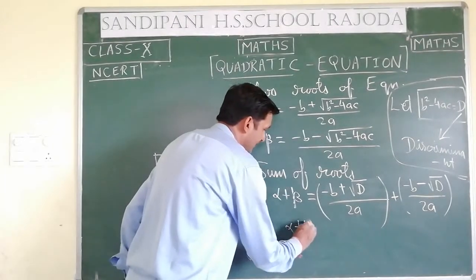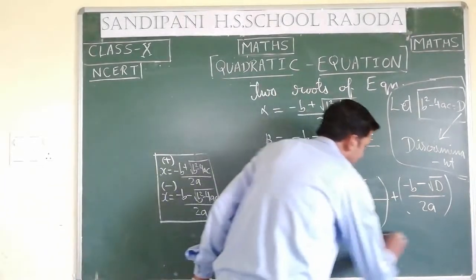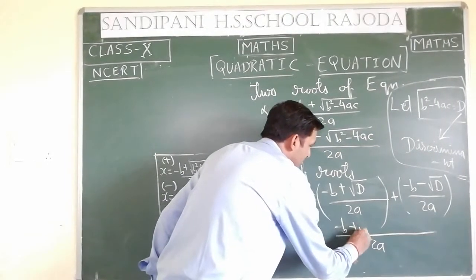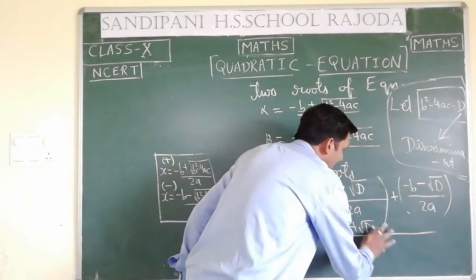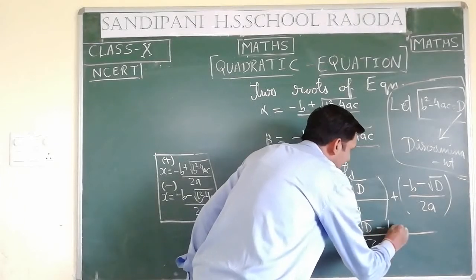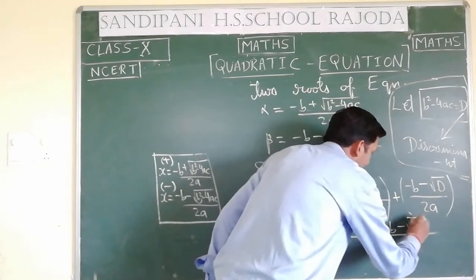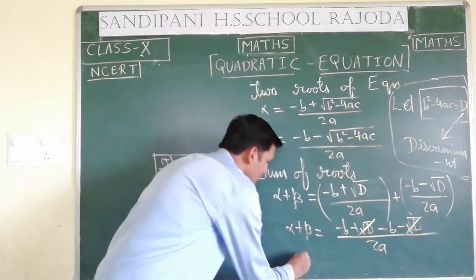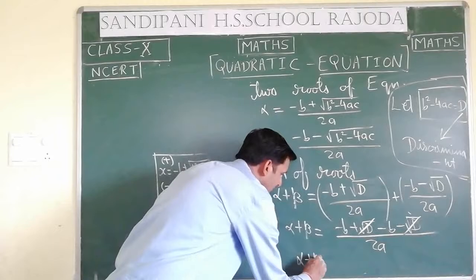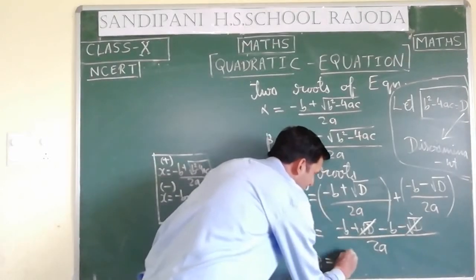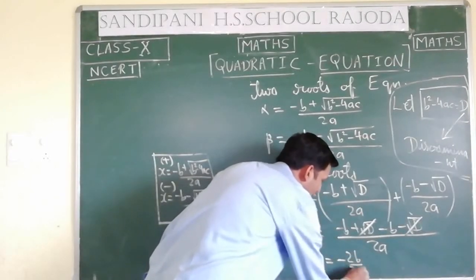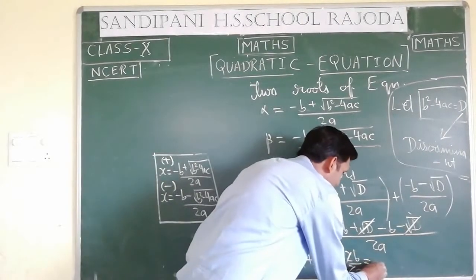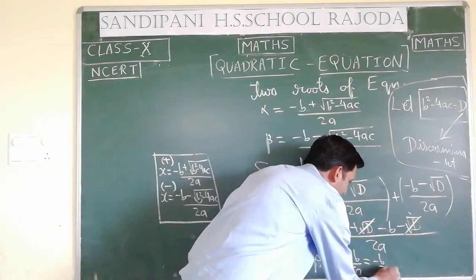So alpha plus beta is equal to, 2a is the LCM, minus b plus root D minus b minus root D. So this root D part is cancelled. So alpha plus beta is equal to minus 2b upon 2a. That 2 is cancelled, so it is equal to minus b upon a.